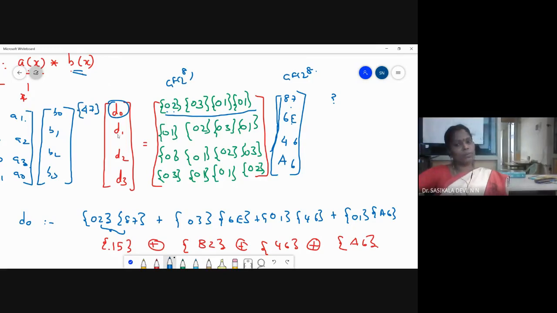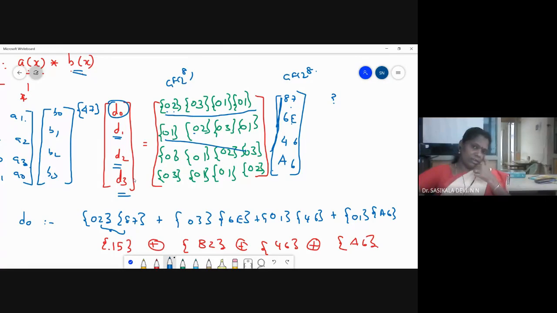Similarly compute D1, D2, D3. What is D1? D1 is the second row: 01 into 87 plus 02 into 6E plus 03 into 46 plus 01 into A6. Similarly compute D3 and D2.